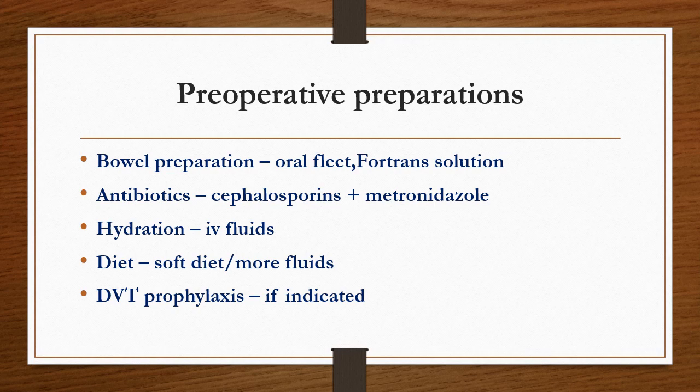Antibiotics, especially cephalosporins plus metronidazole, have to be given either as prophylaxis or treatment. Patient must be adequately hydrated. If necessary, IV fluids must be given. And preoperatively, patient must be given soft diet and more fluid intake.